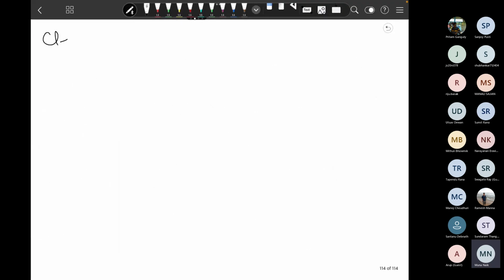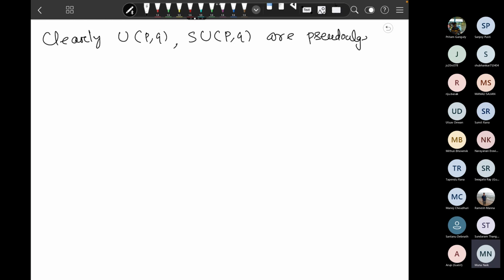U(P, 0) and U(0, Q) are nothing but unitary matrices.